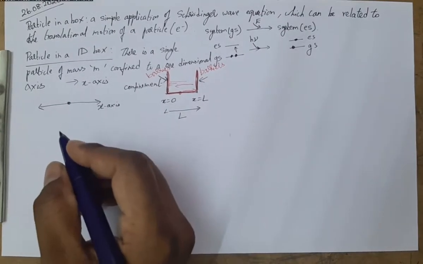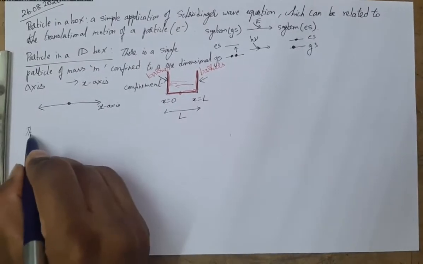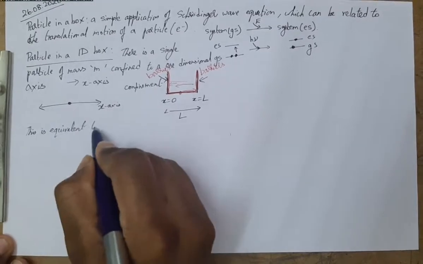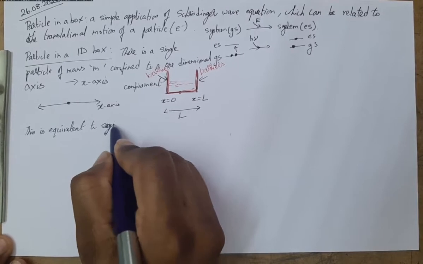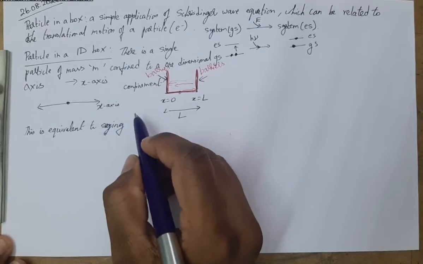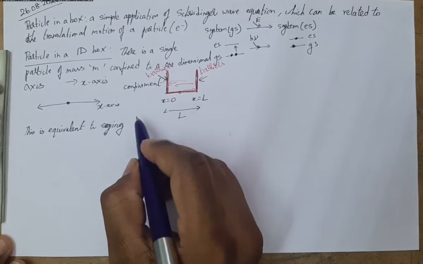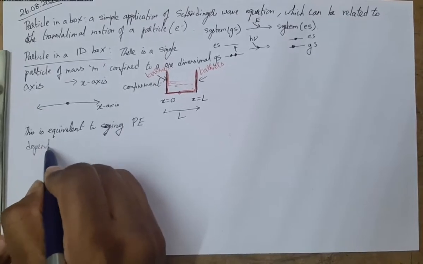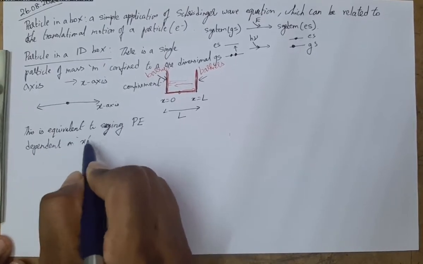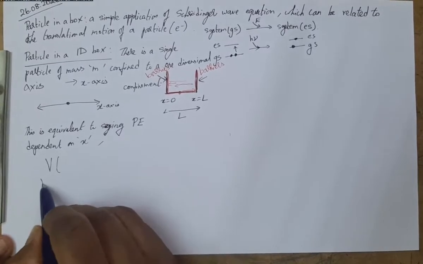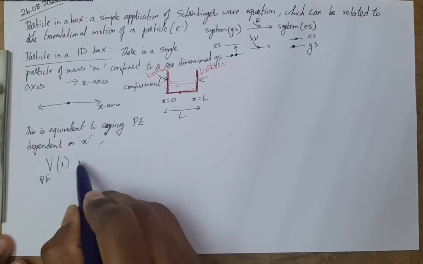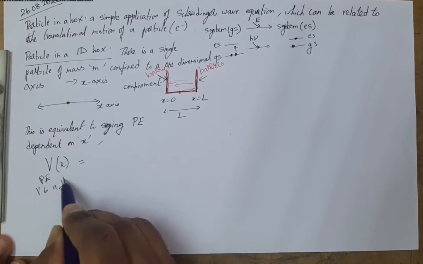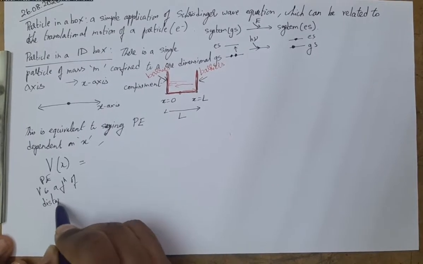So this is equivalent to saying that the potential energy, which is dependent on x, V is a function of distance.